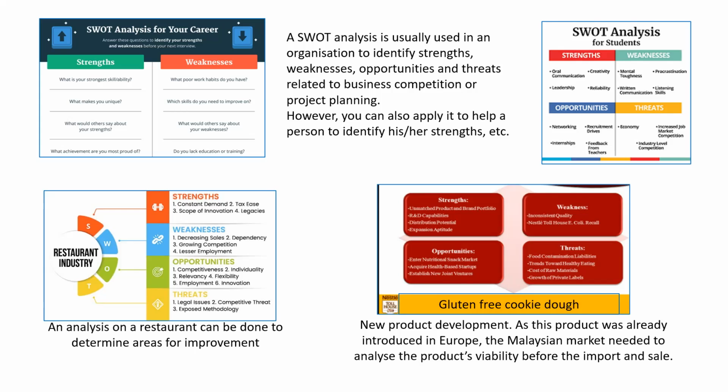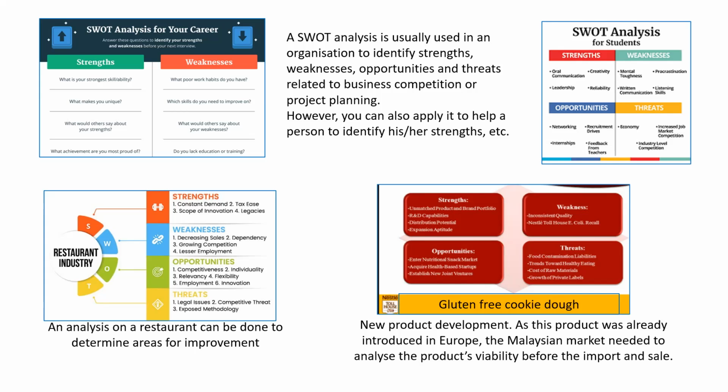This particular example, the gluten-free cookie dough, was an item we were considering importing from Europe. Because it was established in Europe, before they decided to import, they had a look at the issues. They knew there were many difficulties managing a very wet kind of cookie dough because of contamination and all that.